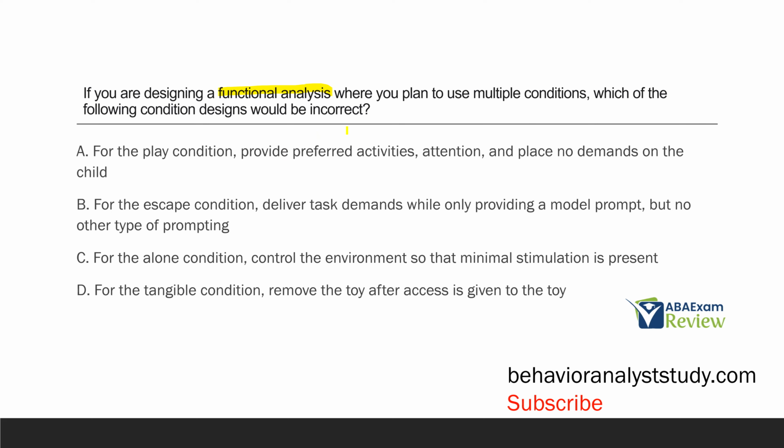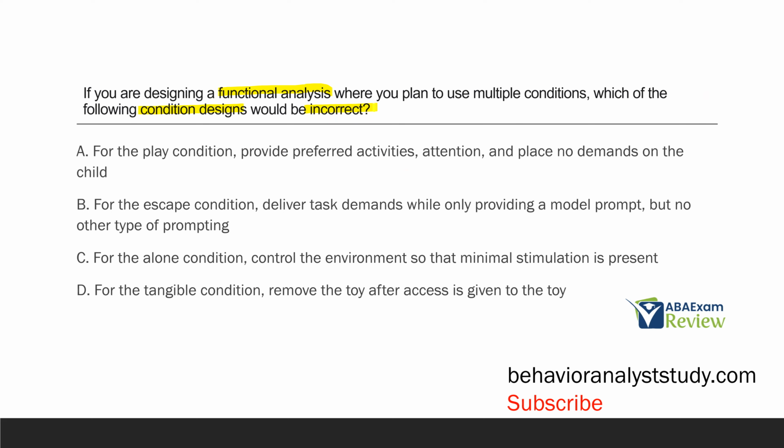Now, with that in mind, everything is always individualized, so we want to be sure we're still adapting to the client. But for the most part, the purpose of the functional analysis is to identify the function, meaning we need to be very systematic in how we approach it. So, with that said, we're trying to identify the design that would be incorrect. That's a key word, right? Because three of these would be more or less correct in our functional analysis.